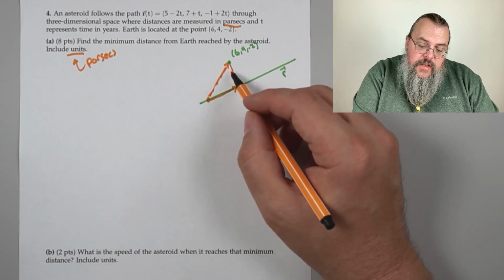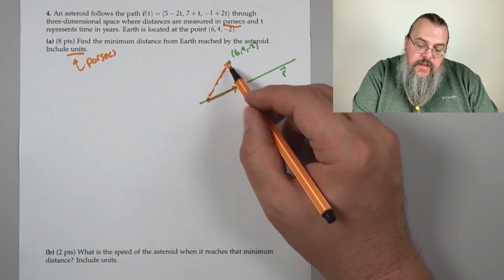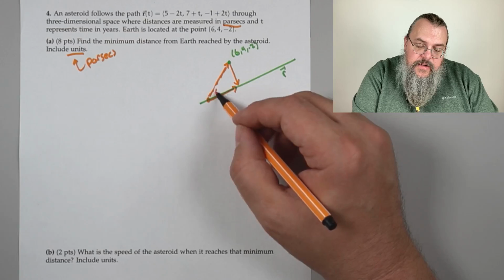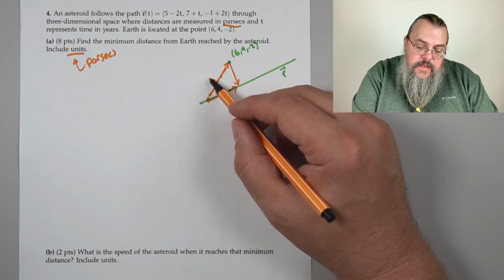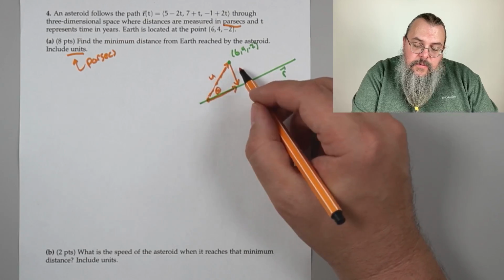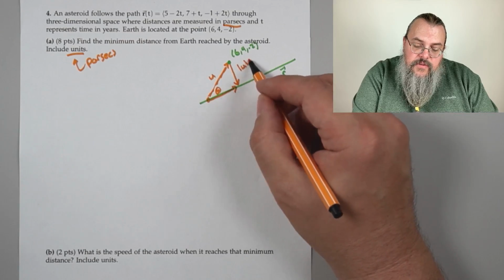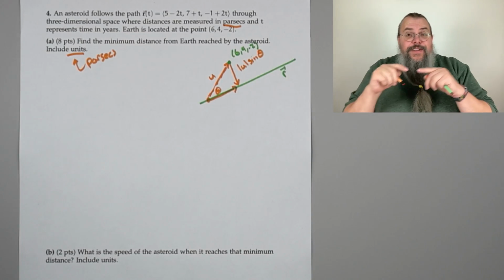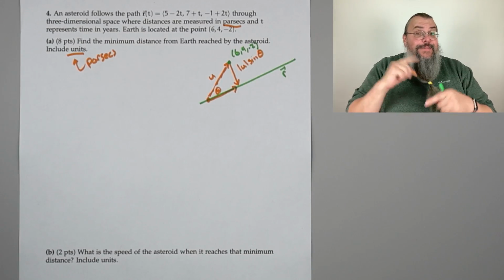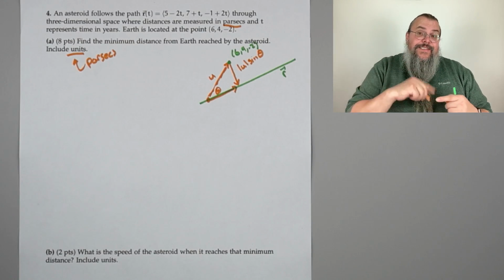You can also say, all right, if I'm after this, this I can represent, if this is theta, and this is a vector, let's give this a name for a second, u. Well, I could say magnitude of u sine theta. Now, the dot product is related to the cosine, but the cross product is related to sine.